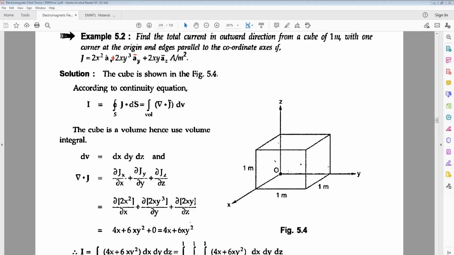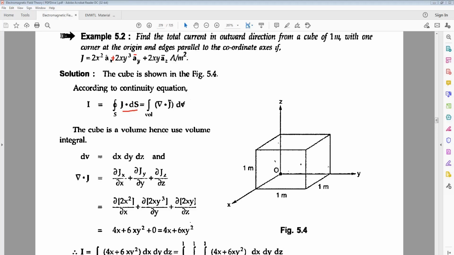The I is equal to integral J bar dot ds bar, according to Ampere's circuit law, or it is the continuity equation that is saying so. Converting the surface integral to the volume integral, we apply del dot J bar into dv. Already we know D bar dot ds bar is equal to rho v, the Maxwell's equation.